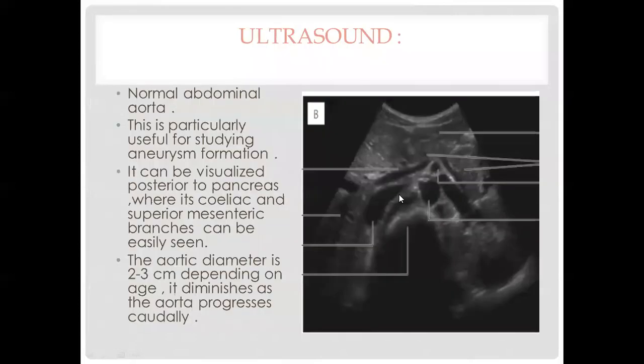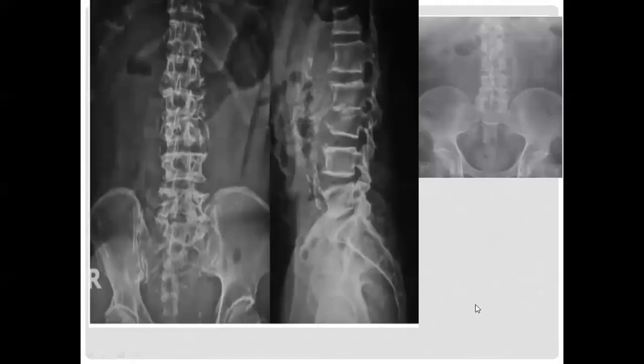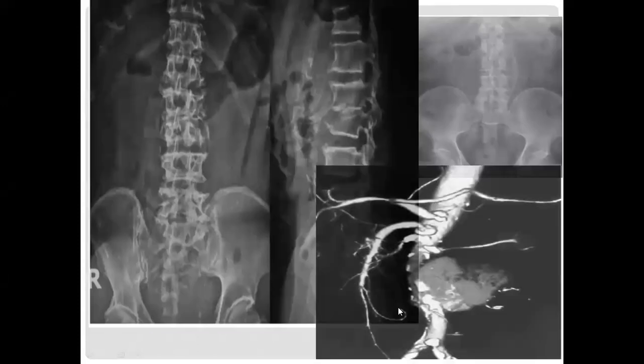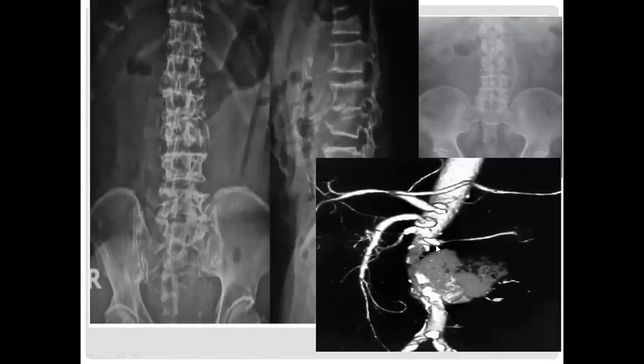Later on, the CT scan will show a large infrarenal abdominal aortic aneurysm with rupture below the renal artery, causing erosion of the vertebral body.